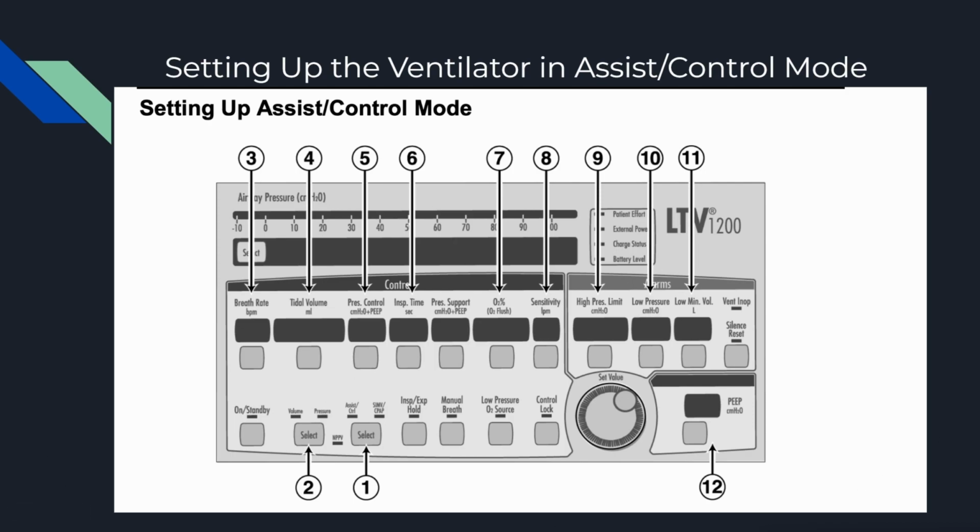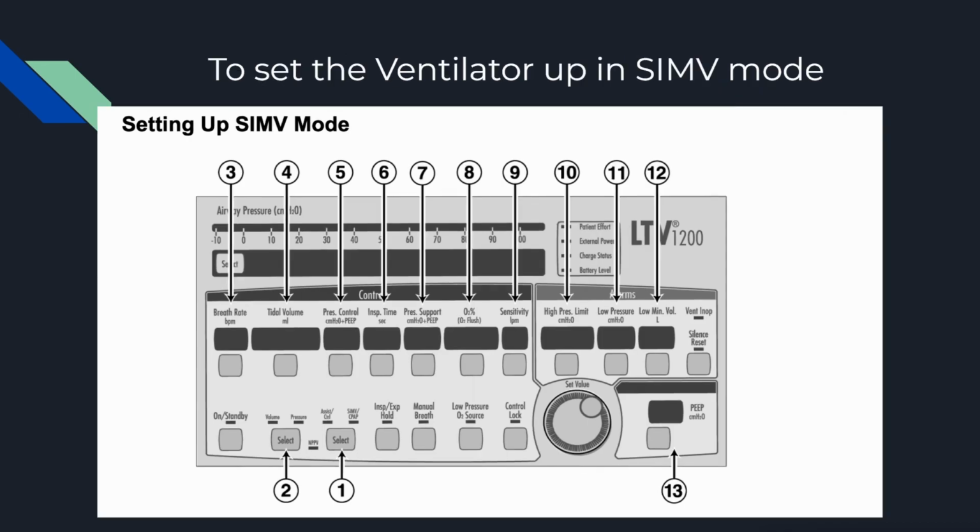So now we're going to talk about SIMV mode. This is the mode that I actually like the most for my vented patients because it allows them to take their own breaths. So it will breathe for them at a set amount of times per minute, but if they take extra spontaneous breaths, so say I have this set at 12 breaths a minute, and they're breathing 30 times a minute, it will allow them to breathe that 30 times a minute, and it will just assist them with those breaths.